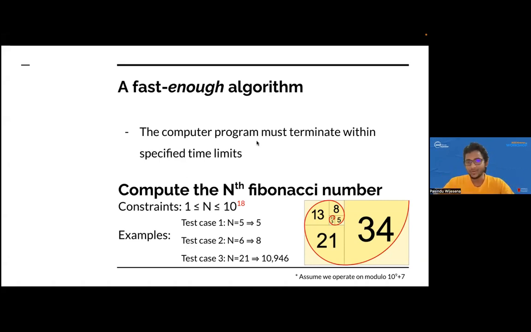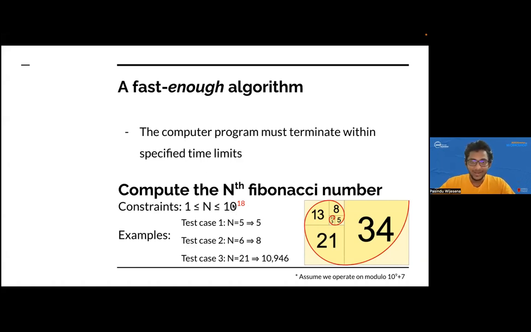And now you might wonder how this time limit thing appears. So let's see an example. In this scenario, we have the same question, but now our constraints are a bit higher. So n can be as big as 10 to the power 18. That is a billion billions.